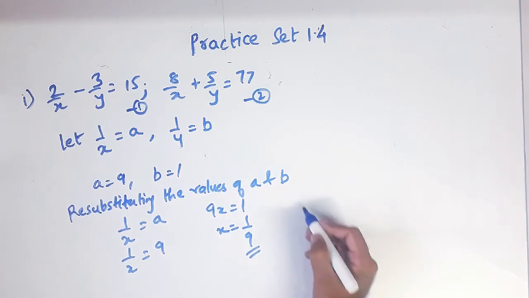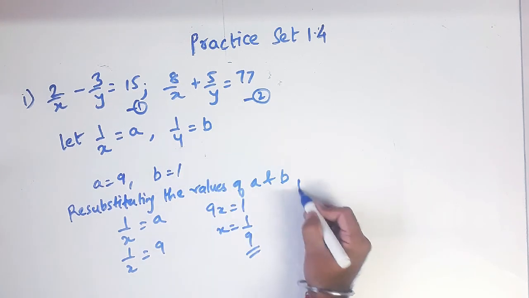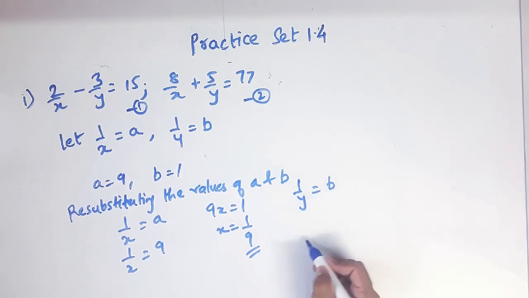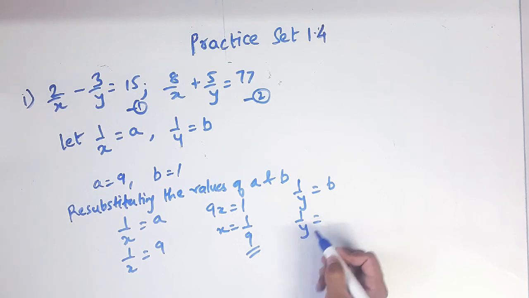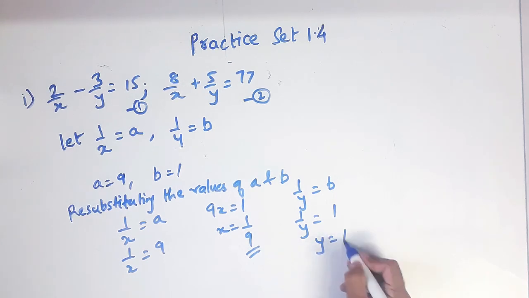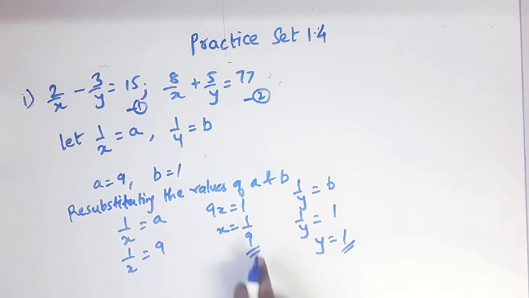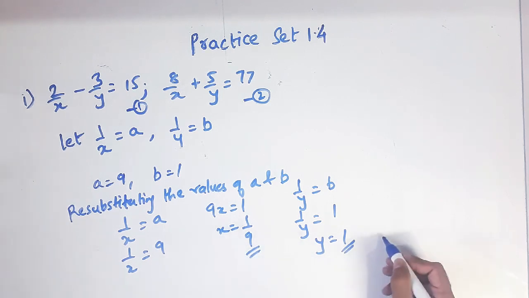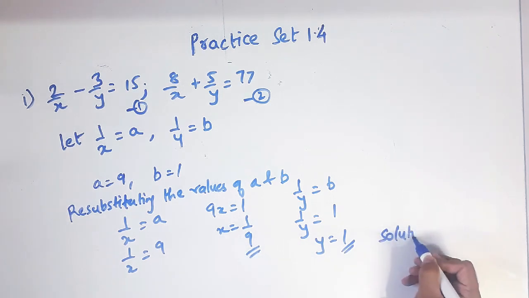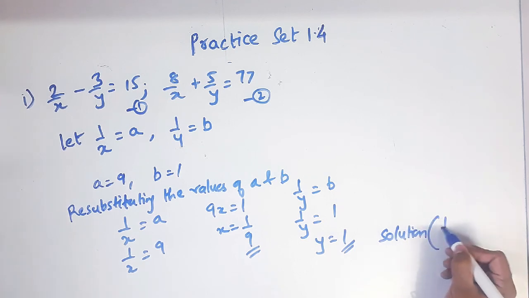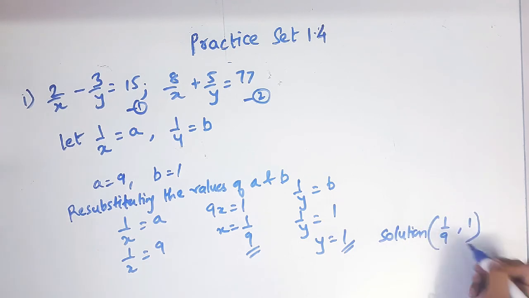Similarly for y, 1 upon y equals b, and b is 1. So if you cross multiply, you will get y equals 1. So x is 1 upon 9, y equals 1. You will write the solution like this: 1 upon 9 comma 1.